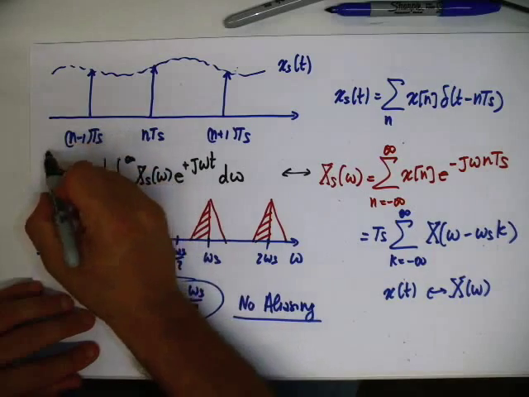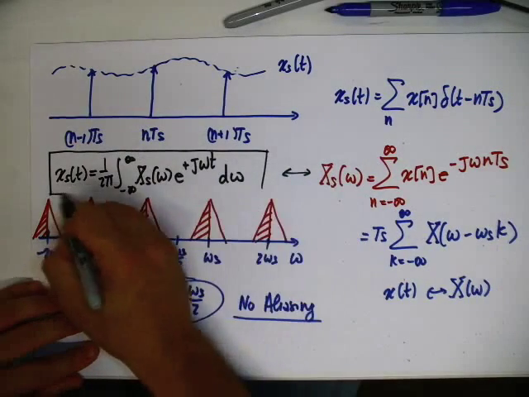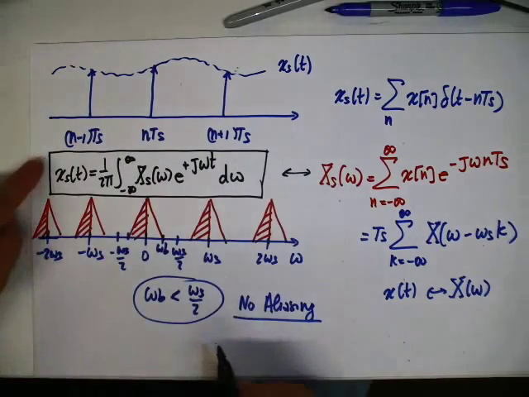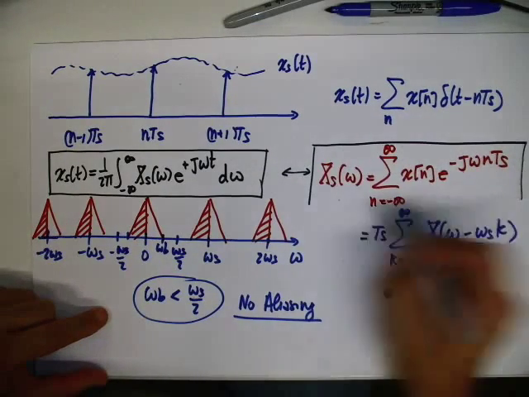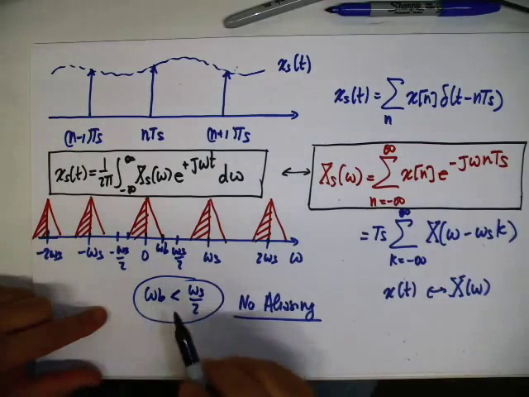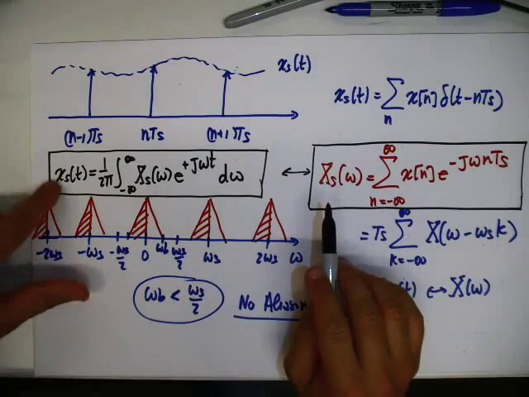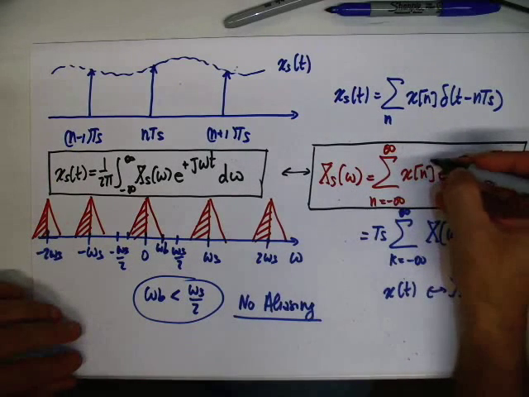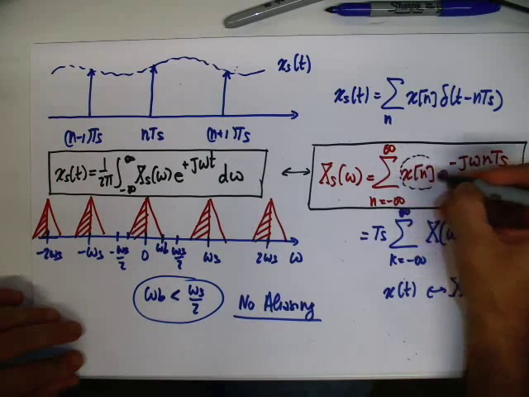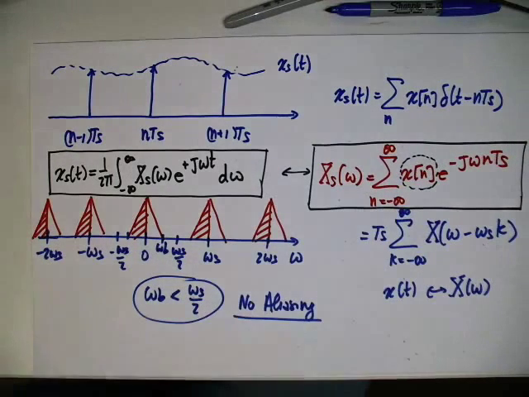And this is the inverse Fourier transform of X_s(omega), which will recover the original signal, the Dirac-ified signal. However, we are interested in recovering the discrete signal, okay?